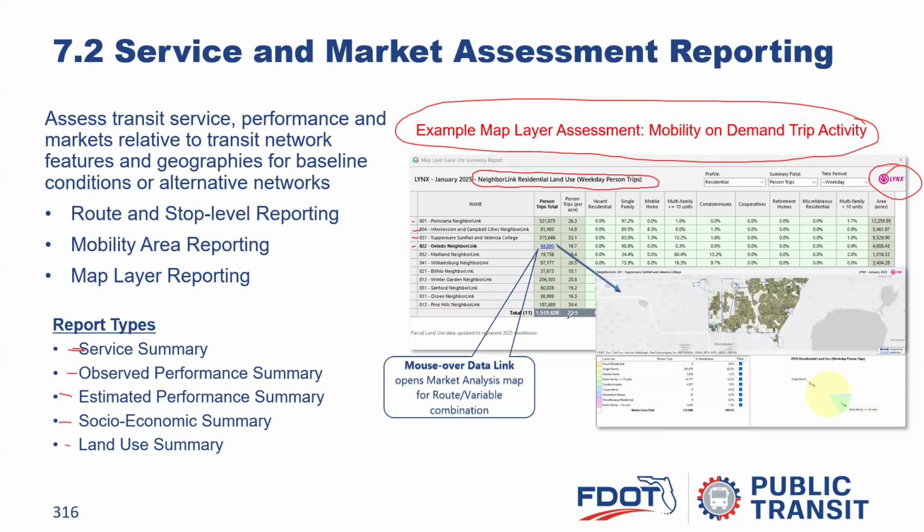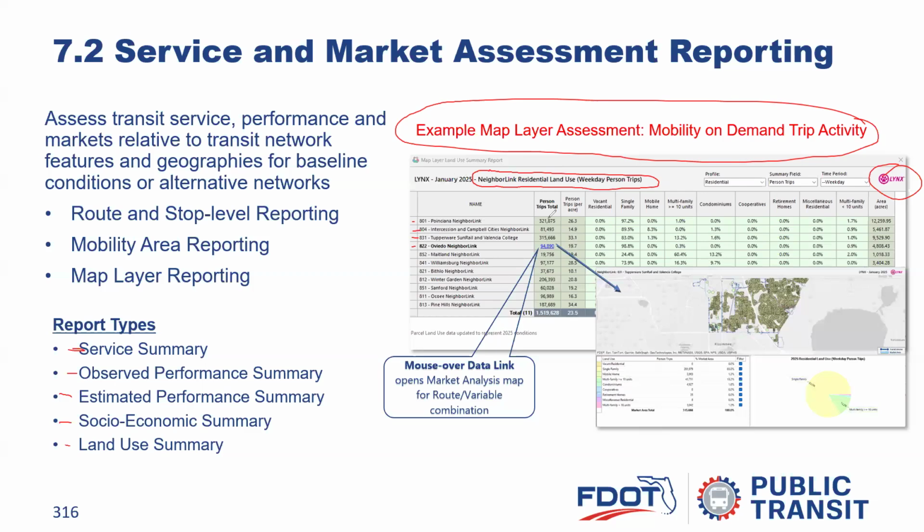And what we're doing is, instead of showing these maybe as a single record like we saw with the mobility areas, we're creating a report from, in this case, a map layer that has all of their NeighborLink zones in it. And we're able to summarize all of the land use activity in it.